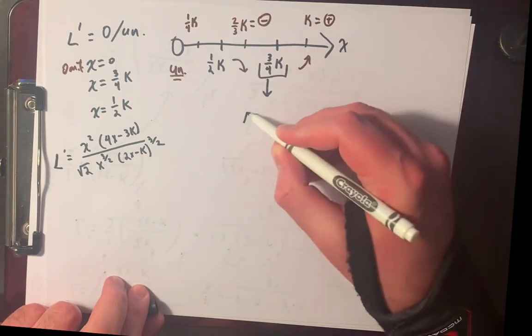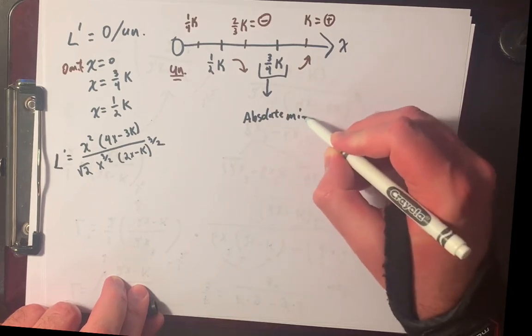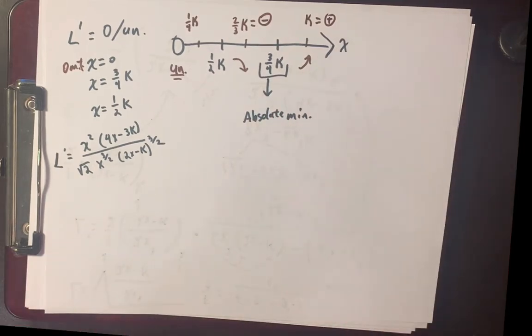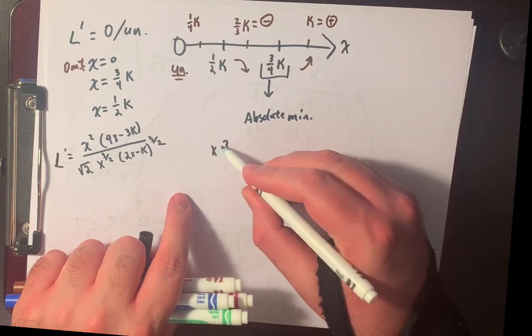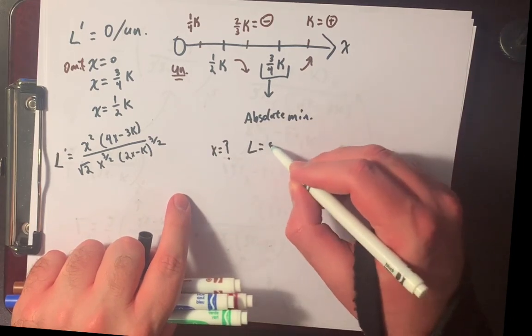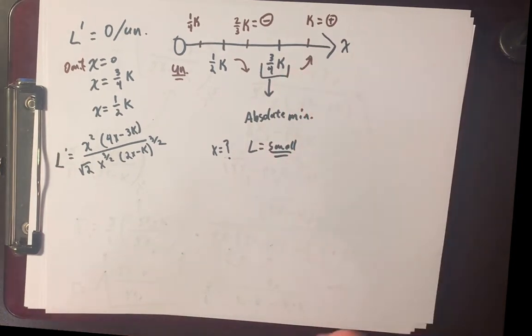So this is an absolute min value. And that was what the question was. Remember, we wanted to know what value of x would make L as small as possible. Well, in this case, 3/4 of k.